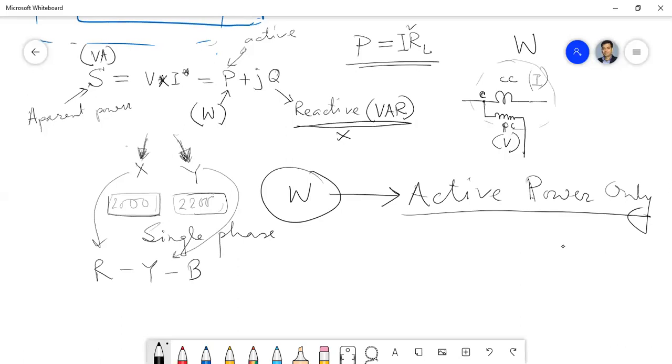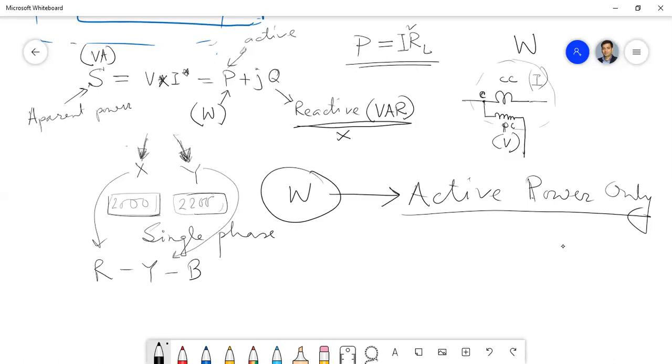Actually, what the CESC does is that they measure the power factor, and if the power factor goes below a certain value, they charge a penalty to these bulk consumers or industrial consumers or commercial consumers.